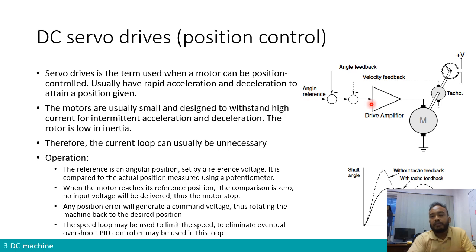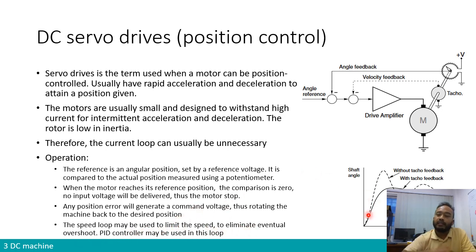For example, if the speed is too high, we want the speed to attain from one position to another position not to be too fast. For example, it may be due to the limitation of mechanical strength, so that we don't have too much centrifugal force. So the speed loop may be used to limit the speed to eliminate eventual overshoot.